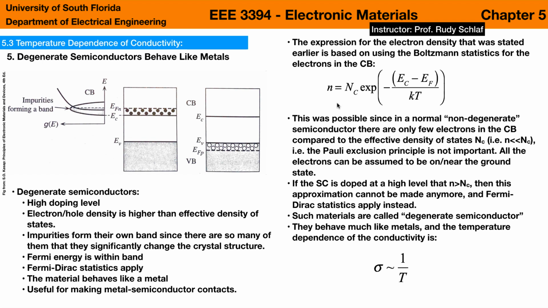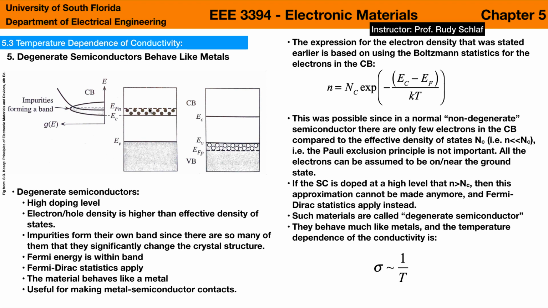And that means we cannot use that approximation anymore that we used for calculating the electron density, where we replaced the Fermi-Dirac function with the Boltzmann statistics and just used the exponential term and forgot about the 1 divided by 1 plus exponential term that's in the Fermi-Dirac function.